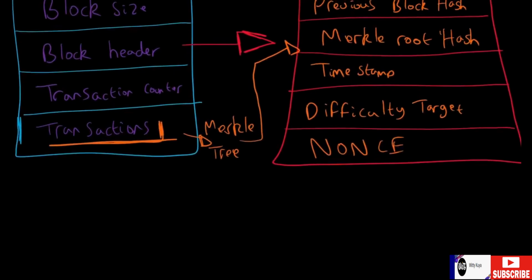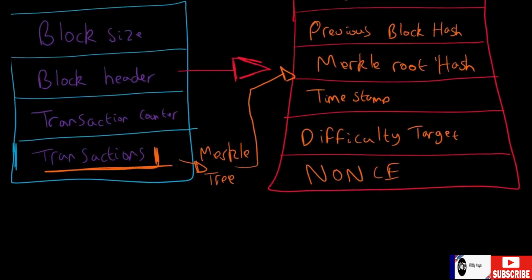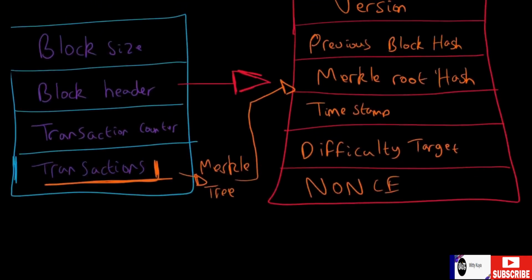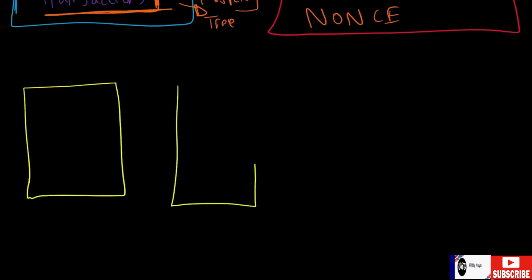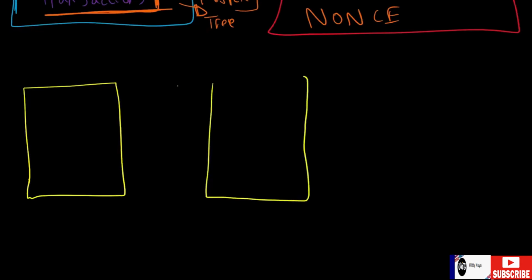Now let me show you how multiple blocks link together. Now that we've actually seen the overall structure, let's go to a higher level view. So imagine if we have, and I'll put a bigger space between it, we have 3 blocks.